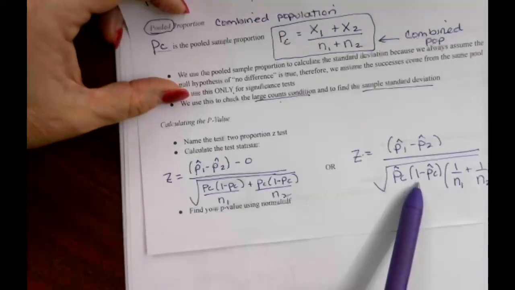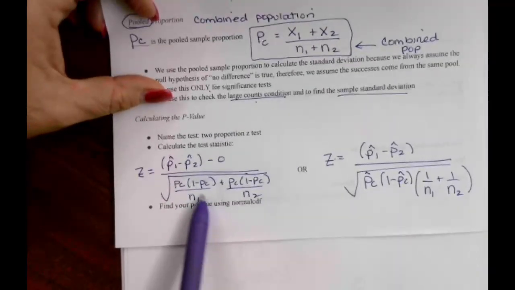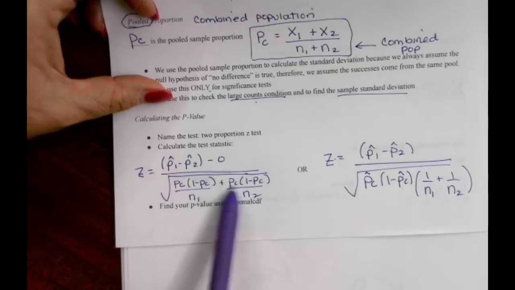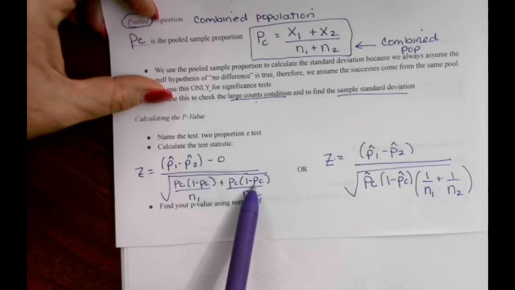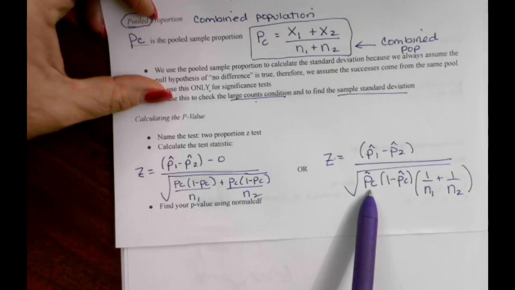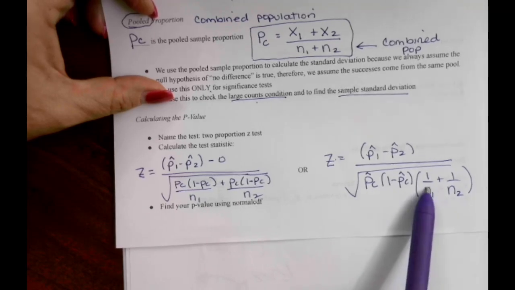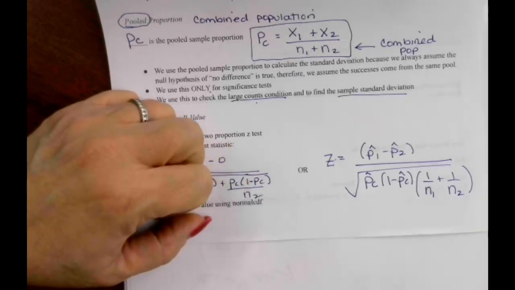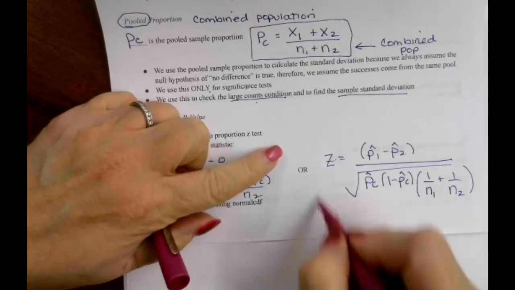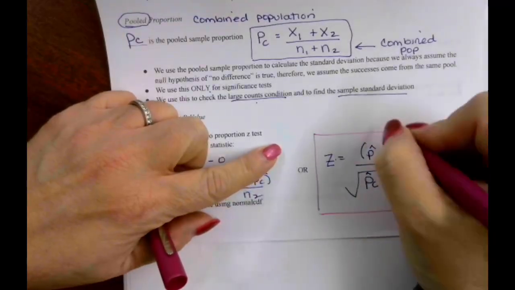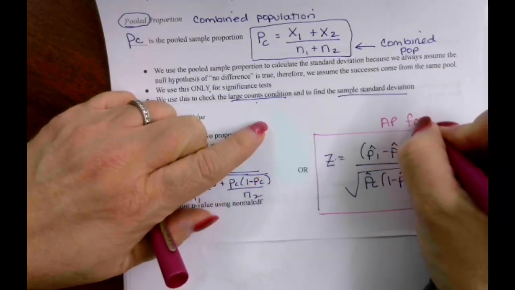So what did they do here? They just factored out this numerator because you have it twice. So they factored out the numerator, and all you're left with is your denominator with your samples. This is the way that you see it on the AP formula sheet.